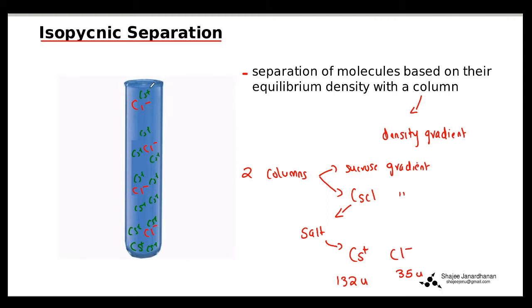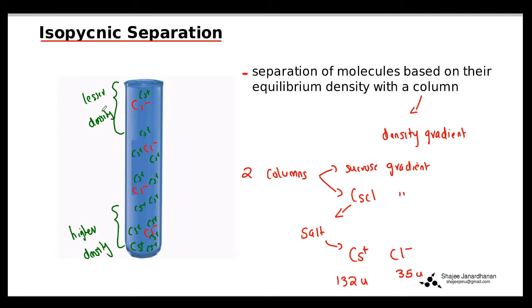So upon centrifugation, you automatically create a density gradient column based on the concentration of cesium ions, so that the bottommost part of the centrifuge tube will have higher density because of the presence of more cesium ions, whereas as you move towards the top, the density gradually decreases, and at the topmost you have a lesser density.